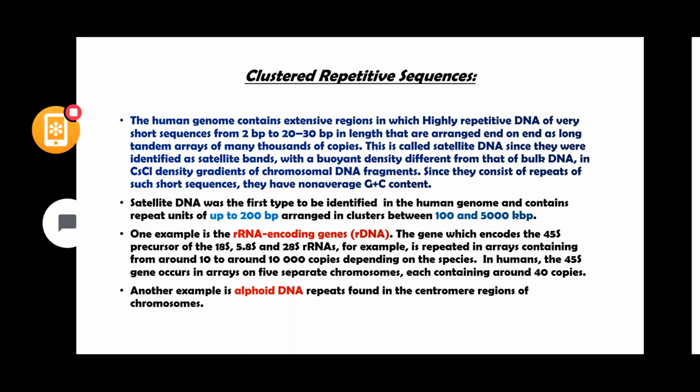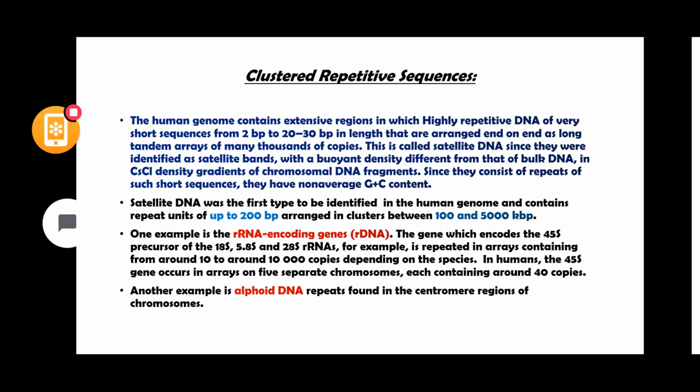Satellite DNA was the first to be identified in the human genome and contains repeats of up to 200 base pairs, arranged in clusters between 100 and 5000 kilo base pairs. These repeat units, from 2 to 200 base pairs, are present in clusters in the genome. So it is present in a huge amount, right?